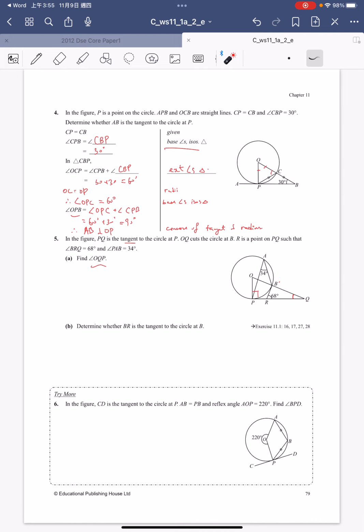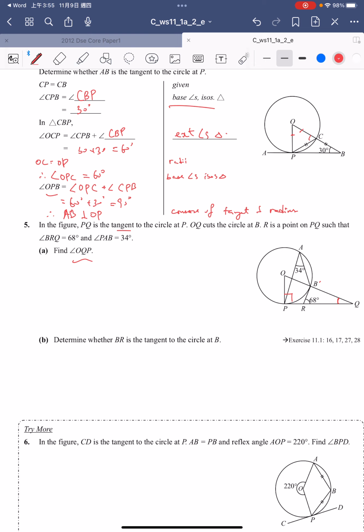So we can first of all write it down as PQ is the tangent, so that we can say the angle OPQ is equal to 90 degrees by using the tangent perpendicular to the radius.